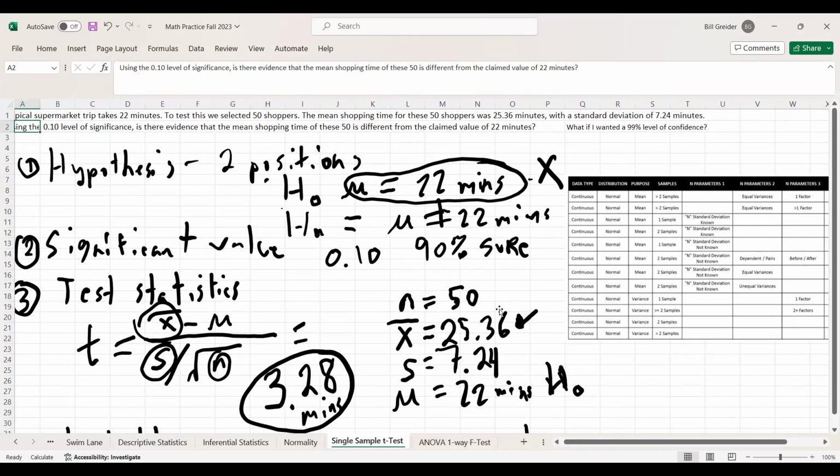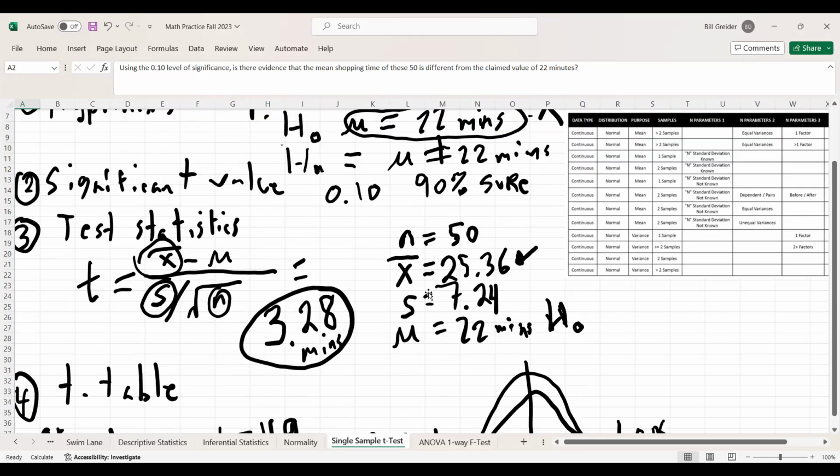You may want to use this test during the final exam, when you do the final presentation. And when you do all that math, it comes out to a test statistic of 3.28.